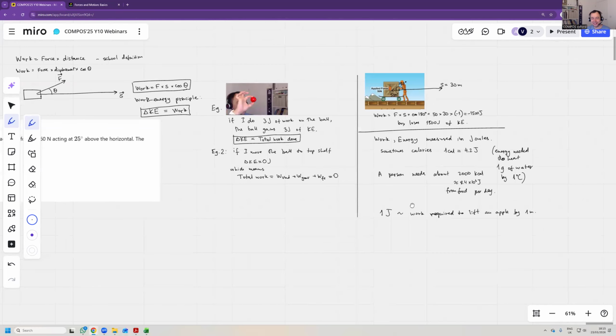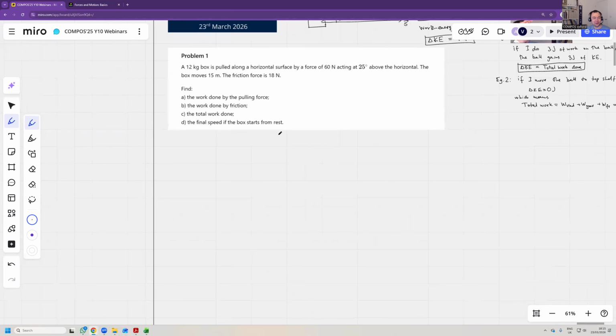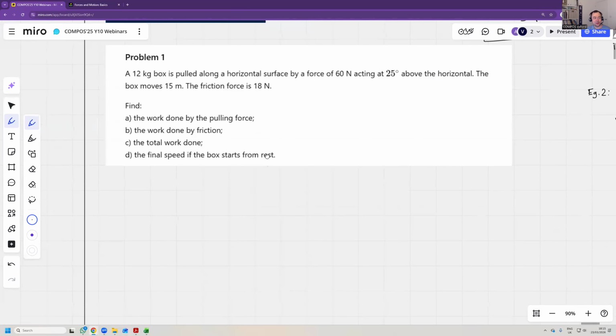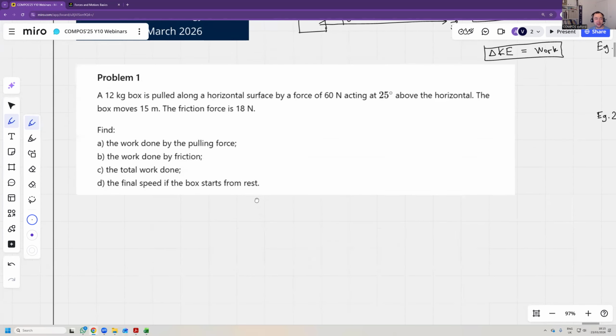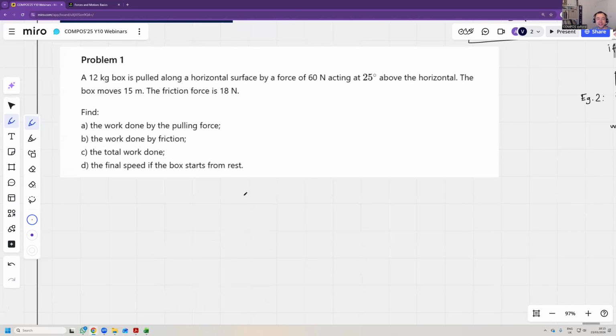Let's move on to problem 1. A 12-kilogram box is pulled along a horizontal surface by a force of 60 newtons acting 25 degrees above the horizontal. The box moves 15 meters.